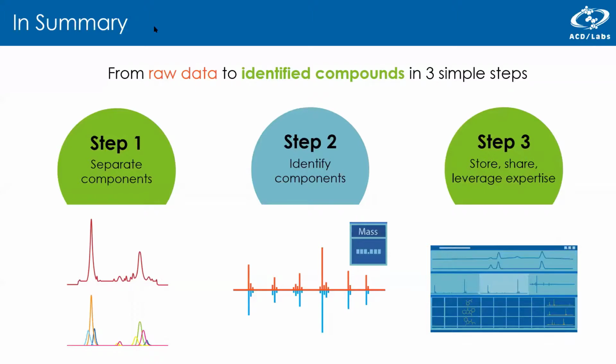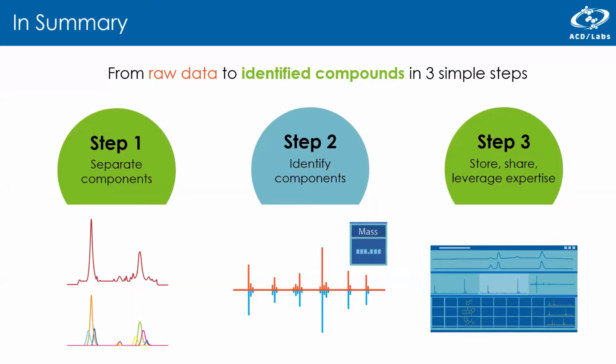So just to go over what we talked about, we started with raw data, completely unprocessed. We looked at the separation of the components. So this was using the button that said IX 2.0 or IXCR. So it did the extraction, so the XICs were created.